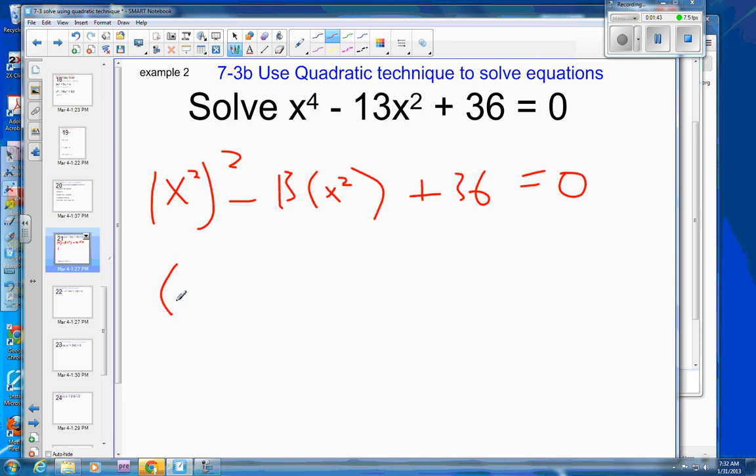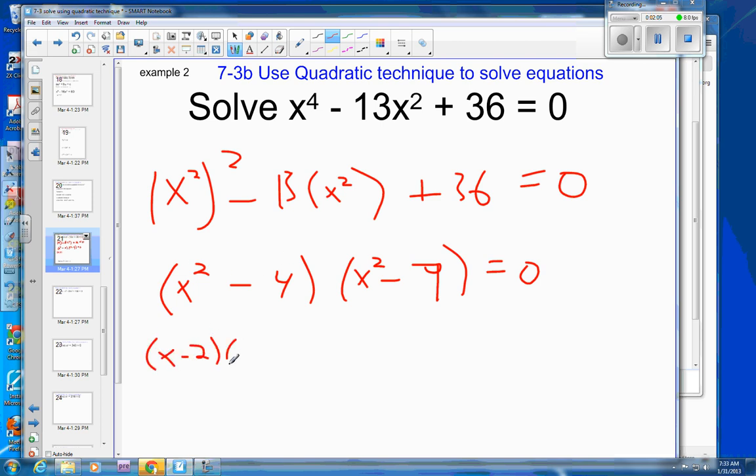So this is going to be an x squared minus 4 and an x squared minus 9. Little mouse trouble there. And from there, I need to factor this some more. This is a difference of two squares. So this becomes x minus 2, x plus 2.